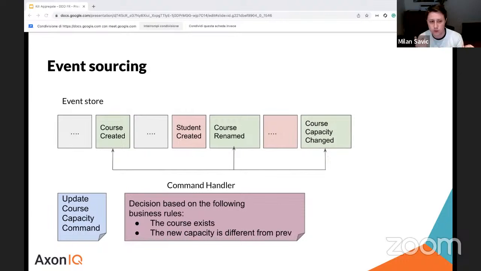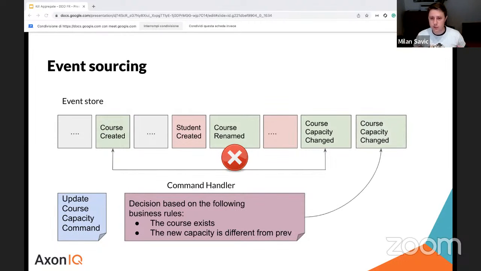So why do we need to load this course renamed event? In fact, we do not need it, right? You can just say, give me only the events that I'm interested in. Let's load only those, and based on them, I can make the decision and maybe publish an event or not necessarily, right?